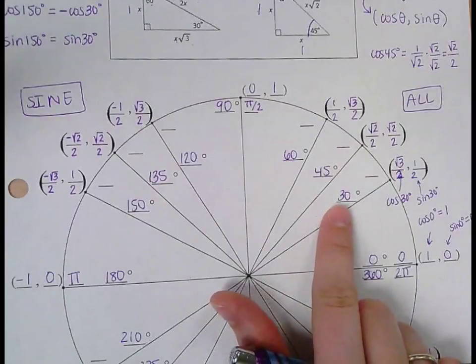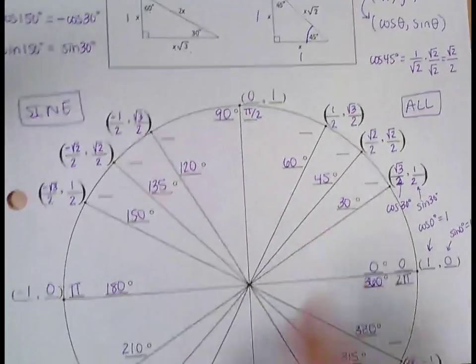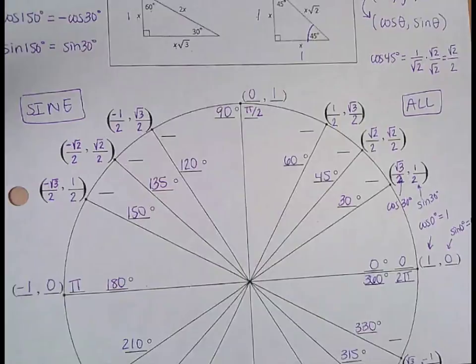So if I have 30 degrees, maybe I'll just do that on the board here so I'm not taking up space on my sheet. How do you convert a degree measure into radians? Multiply by pi over 180.